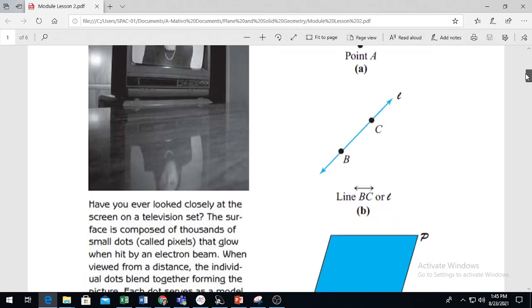It says, have you ever looked closely at the screen on a television set? The surface is composed of thousands of small dots called pixels that glow when hit by an electron beam. That's why when we buy a camera or a cell phone, we are so particular about the pixels.